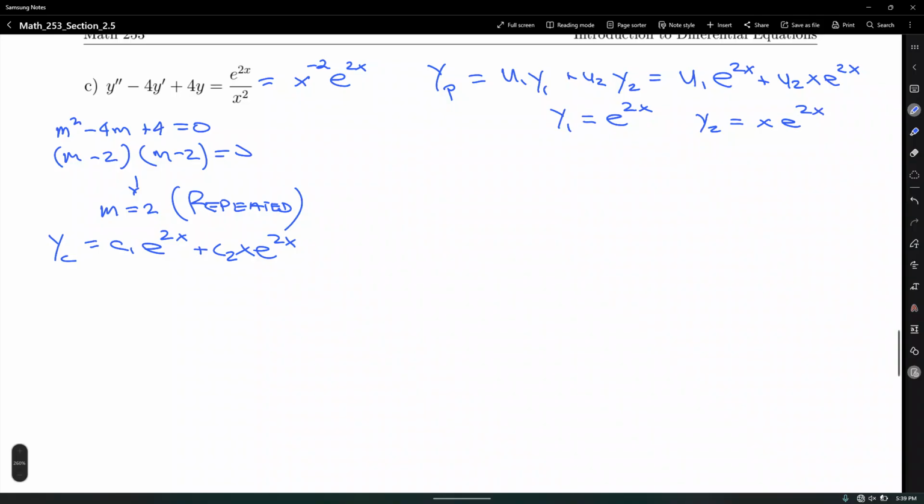All right. Wronskian first. So the big Wronskian, which is W equals the determinant of y sub 1, y sub 2, y sub 1 prime, y sub 2 prime. All right? So the first row, I hope no problem.